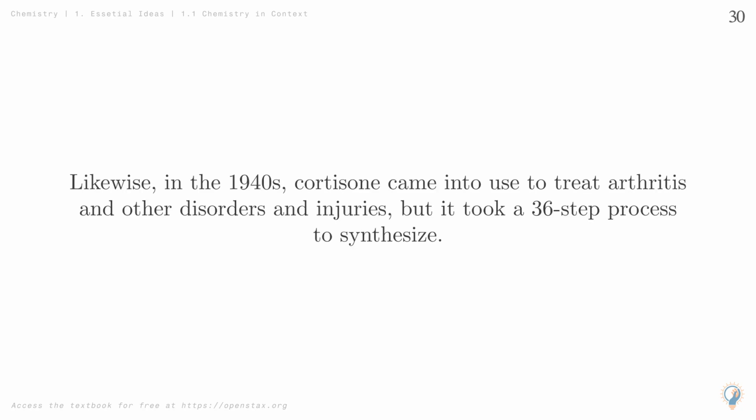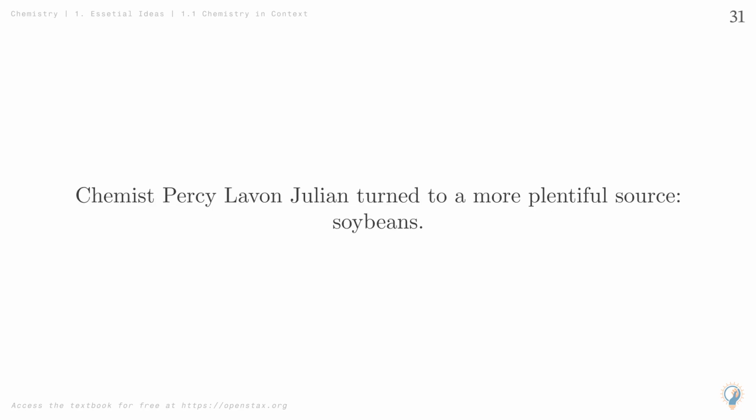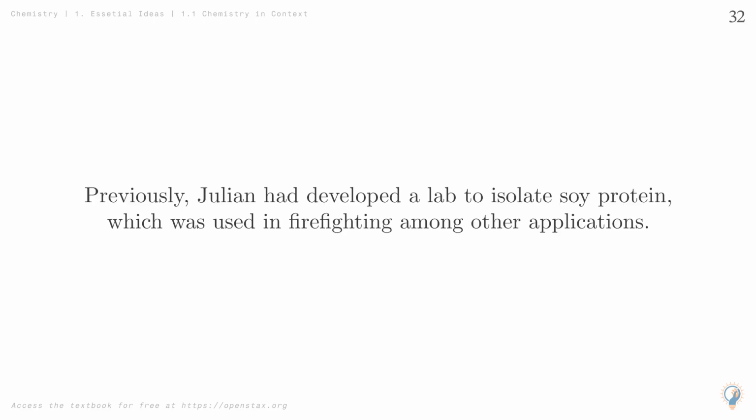Likewise, in the 1940s, cortisone came into use to treat arthritis and other disorders and injuries, but it took a 36-step process to synthesize. Chemist Percy Lavon Julian turned to a more plentiful source: soybeans. Previously, Julian had developed a lab to isolate soy protein, which was used in firefighting among other applications.